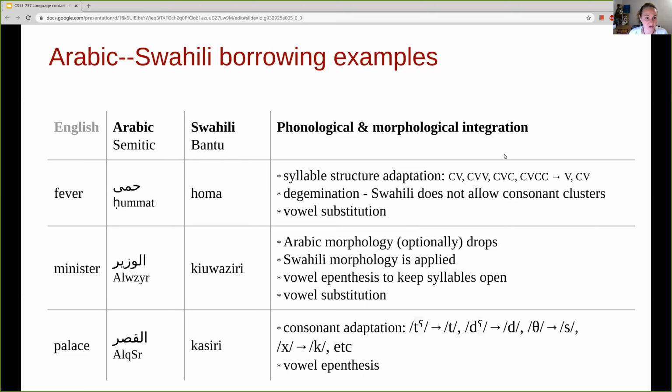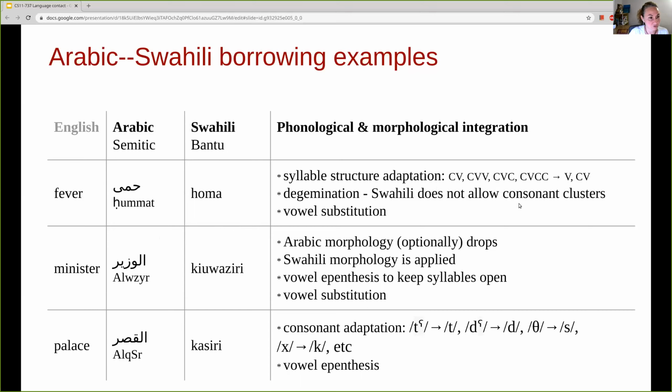Additional adaptation includes vowel shortening, consonant deletion or degemination, and the sound substitution, so consonant adaptation. And epenthesis means insertion. Degemination means deletion of double consonants.